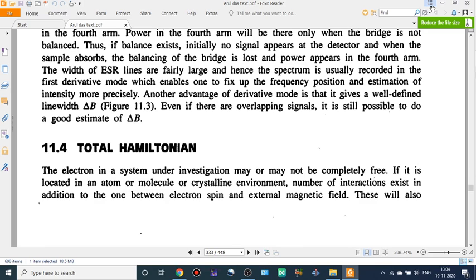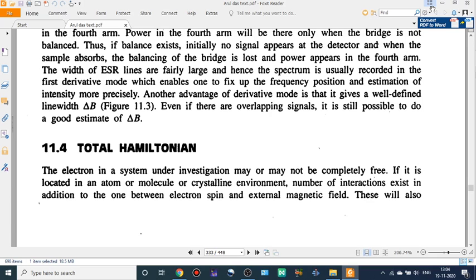The nucleus has its own spin, denoted by capital I, and the electron has its own spin, denoted by S. If these two interact, that is, the nucleus interacts with the electron, we will get hyperfine splitting. In addition to this, if the electron spin in the presence of the magnetic field splits individually, we will get ESR lines.